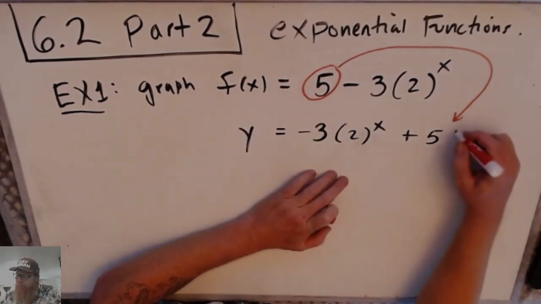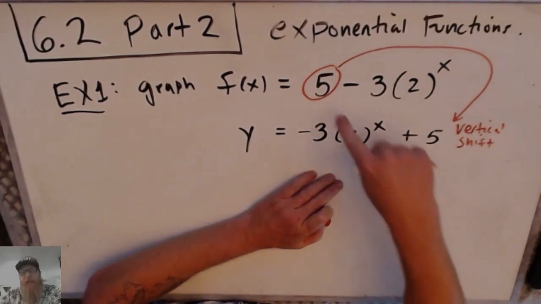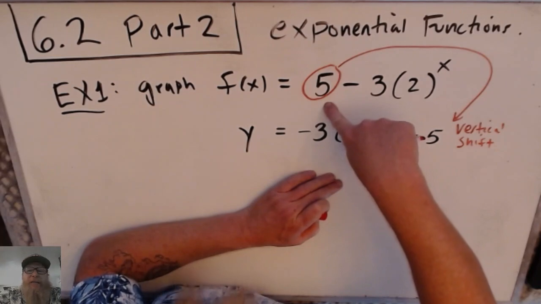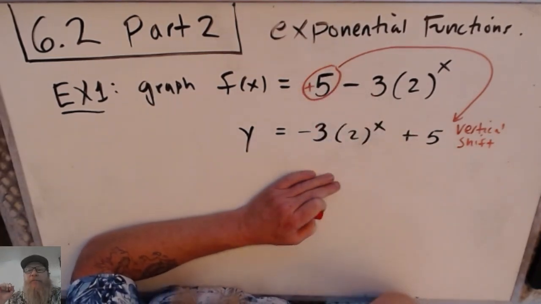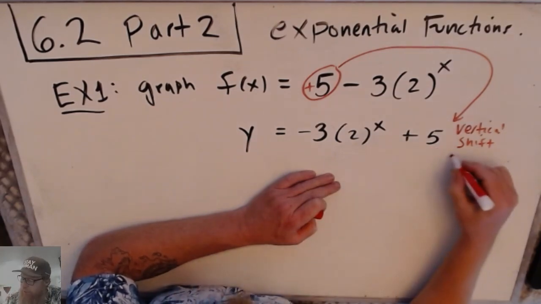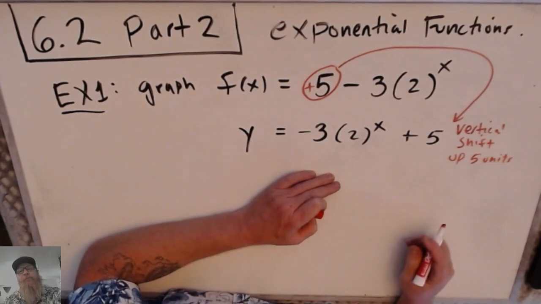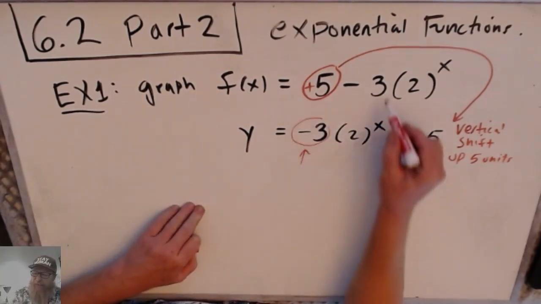This 5 represents a vertical shift. And when you see it written in the front like this, you might not recognize it as a vertical shift. That is a plus 5, a positive 5. So we are shifting the graph up 5 units. The negative 3, that's this negative 3.